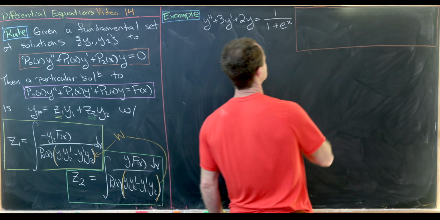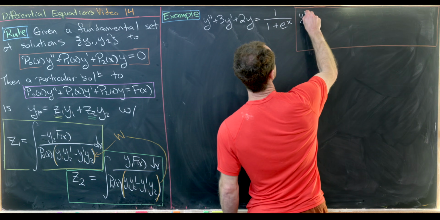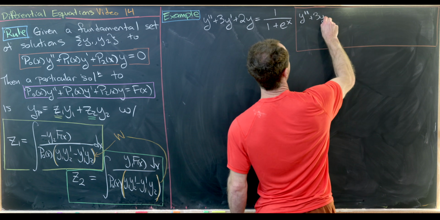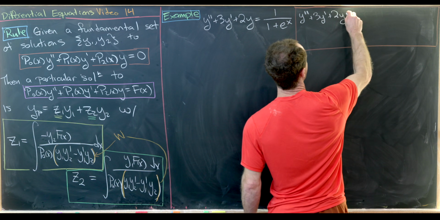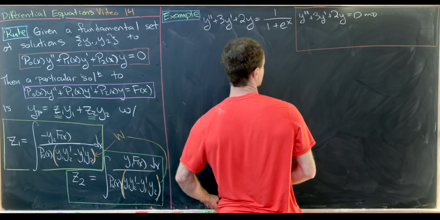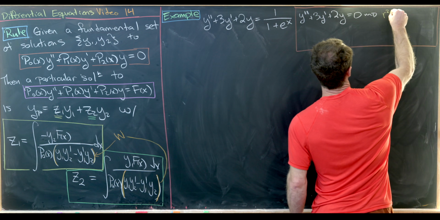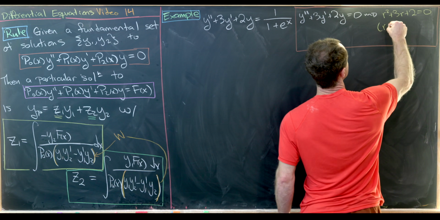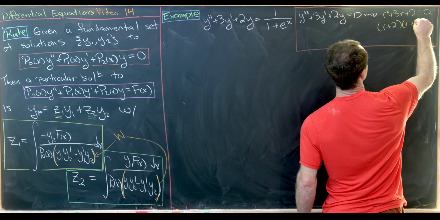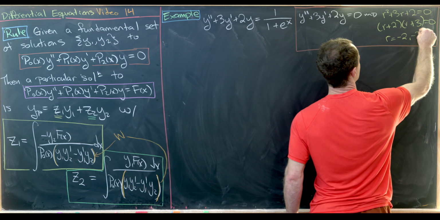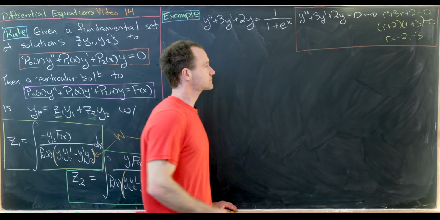Okay, so let's look at the corresponding homogeneous equation. That'll be y double prime plus 3y prime plus 2y equals 0. So we need to look at the polynomial equation, which is r squared plus 3r plus 2 equals 0, which factors as r plus 2 times r plus 1 equals 0, giving us roots -2 and -1.